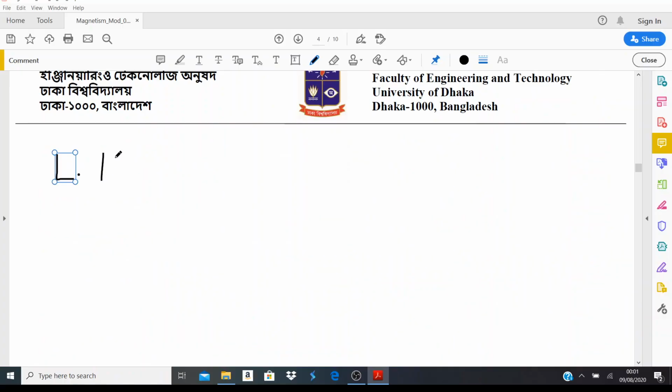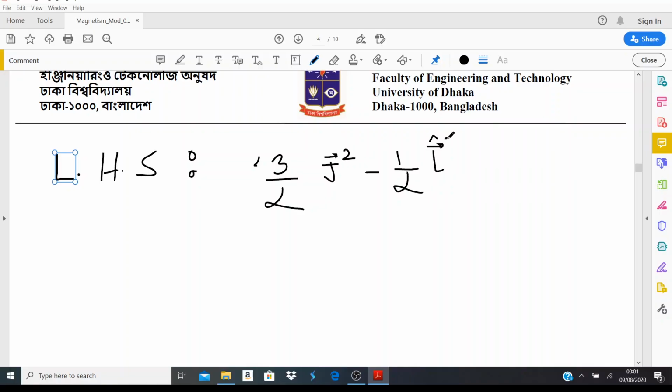What is the left hand side? The operator part only, right? So on the left hand side, if you put all the operators, it will become 3 by 2 J square minus half L square plus half S square.